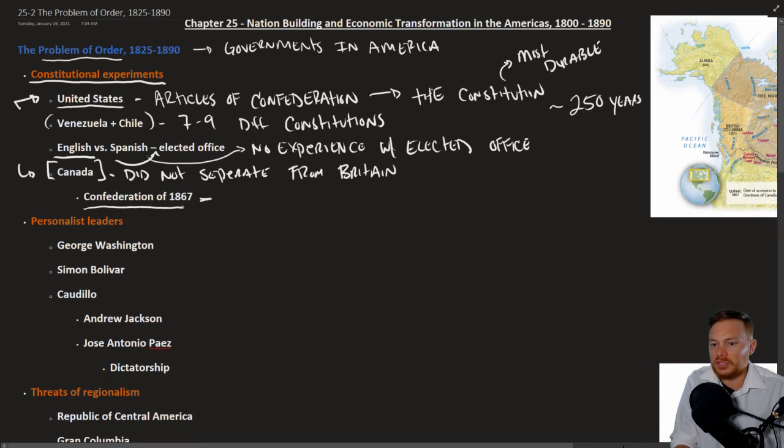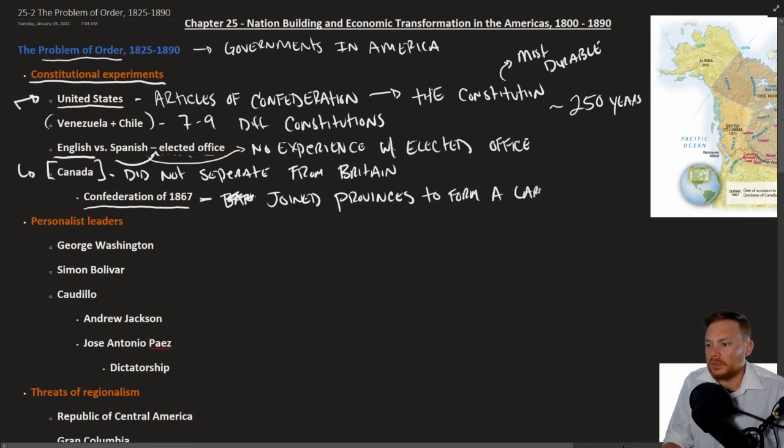The Confederation of 1867 joined the various provinces together, and the provinces were elected with some sort of elected official, but joined together to form, we'll just say, a larger government.